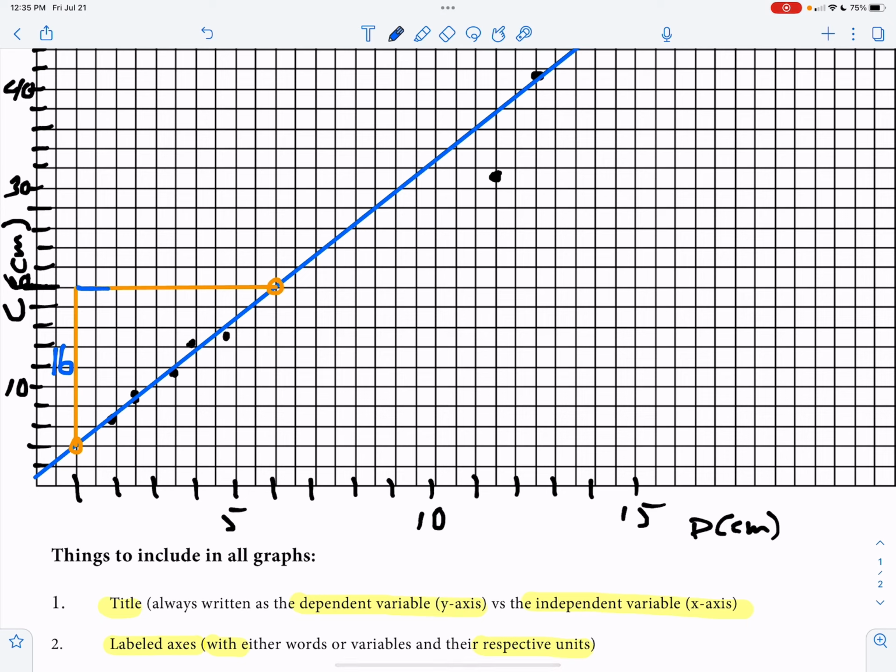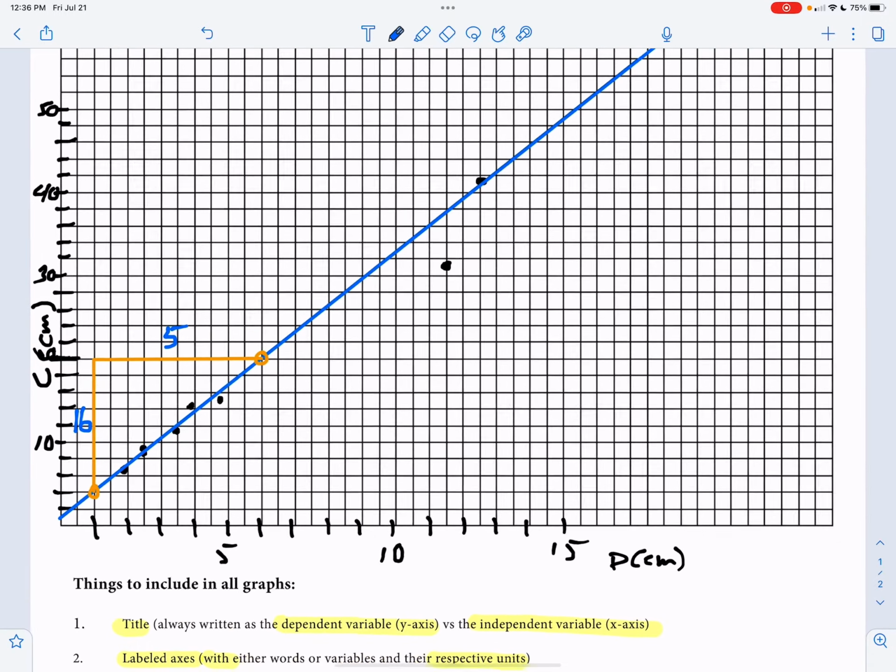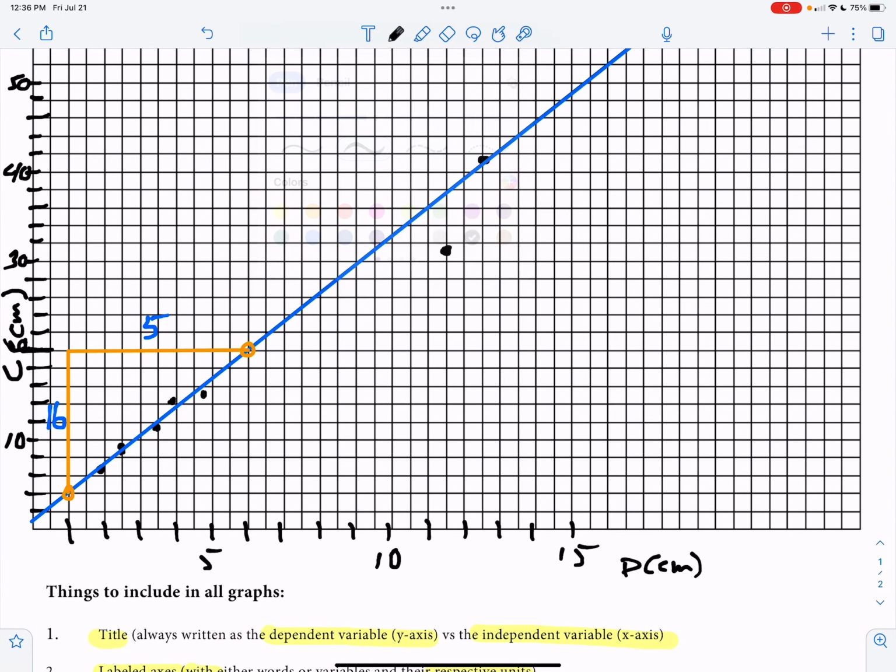So it's 1, 2, 3, 4, 5, 6, 7, 8, 9, 10. But what is 10 boxes on your scale? That would be 5 centimeters. So your run is 5 centimeters.